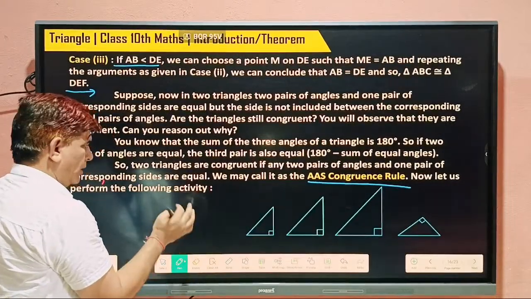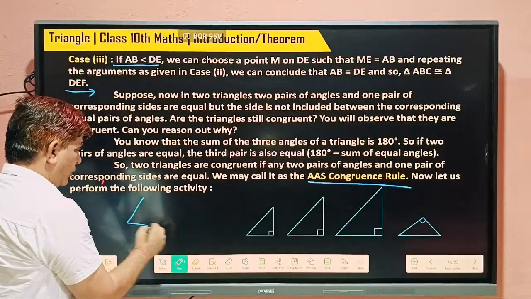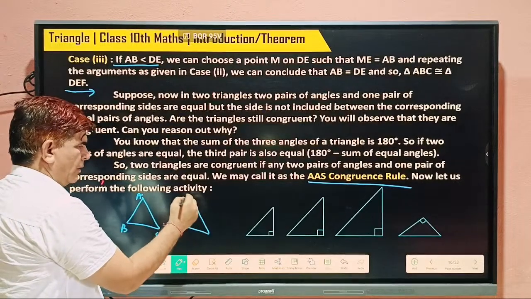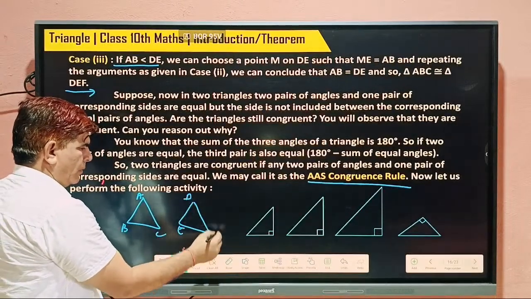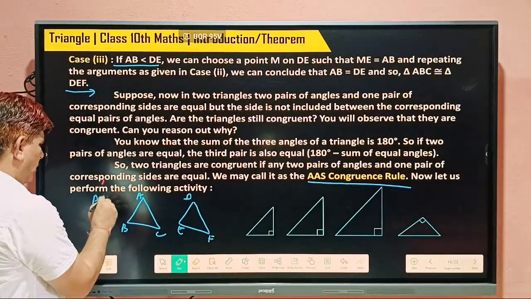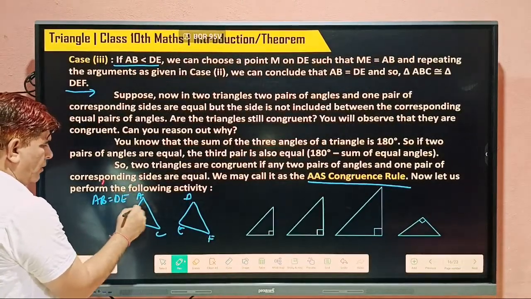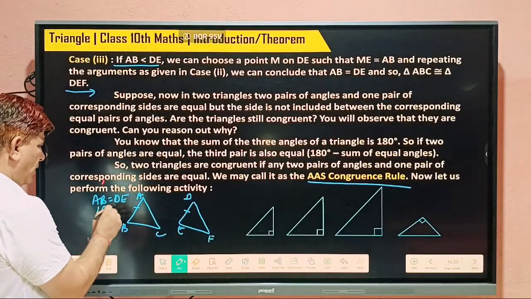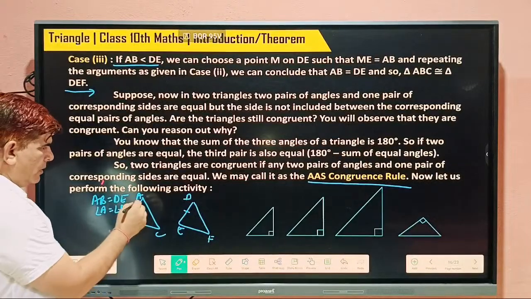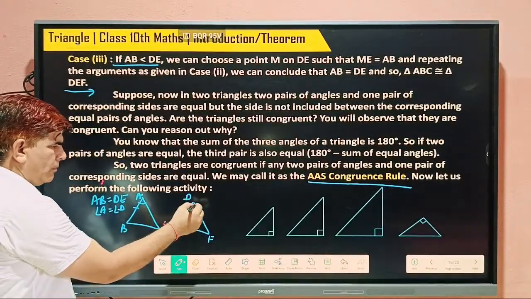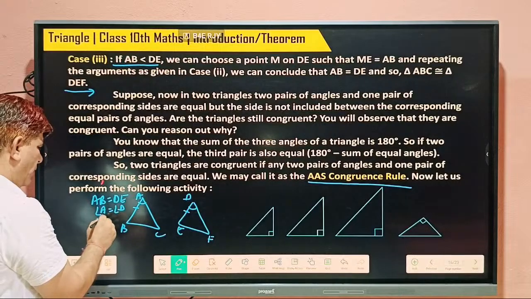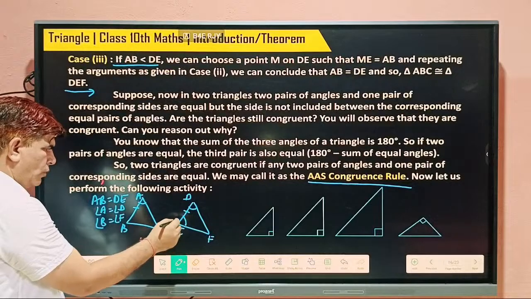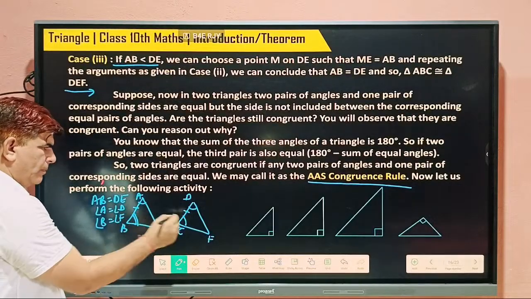So what does he want to say? Triangle ABC and triangle DEF. What's given? AB equal to DE, angle A equal to angle D, and angle B equal to angle F. This angle equals this angle.